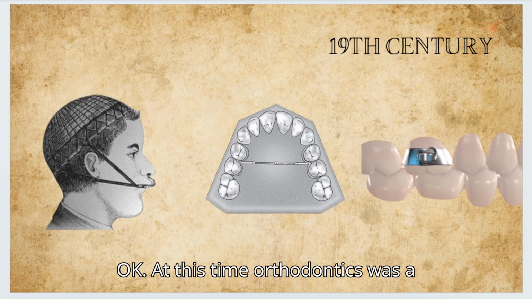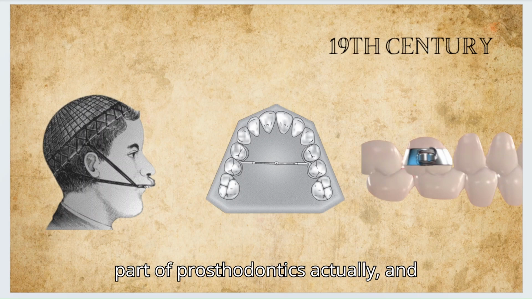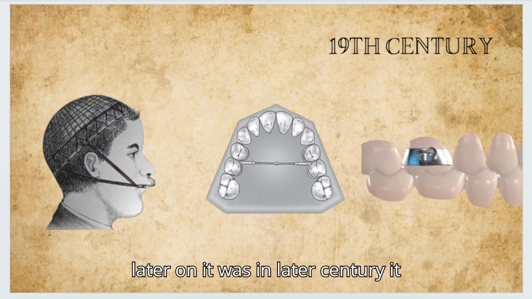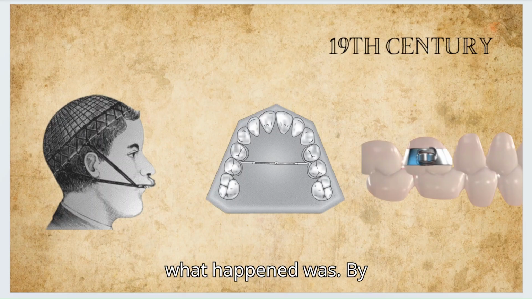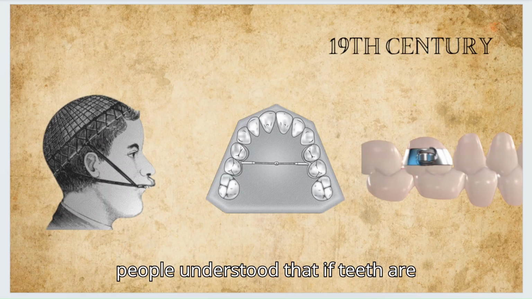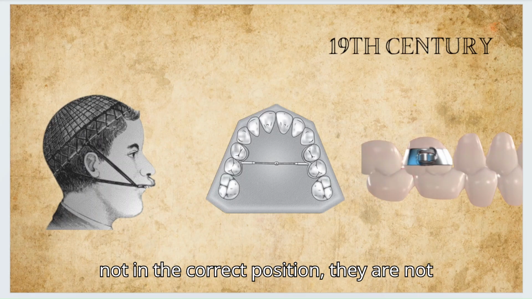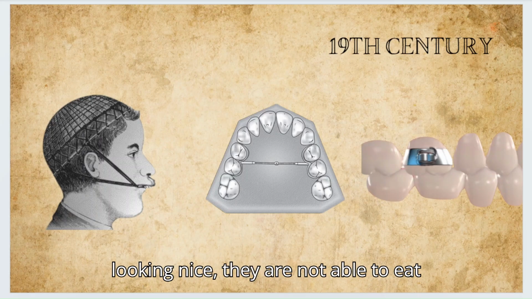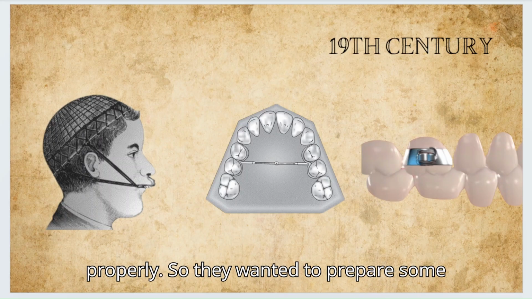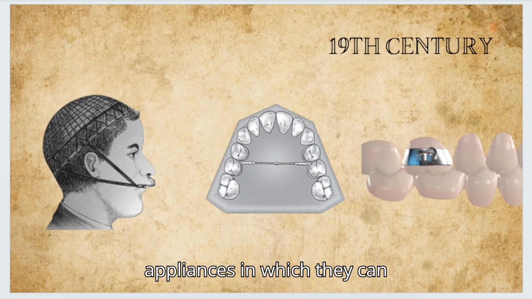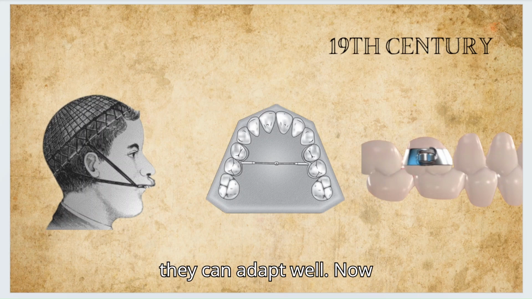At this time, orthodontics was a part of prosthodontics actually, and later on it was divided from prosthodontics. So what happened was, by 17th and 18th century, people understood that if teeth are not in the correct position, they are not looking nice, they are not able to eat properly, they are not able to chew properly. So they wanted to prepare some appliances in which they can adapt well.